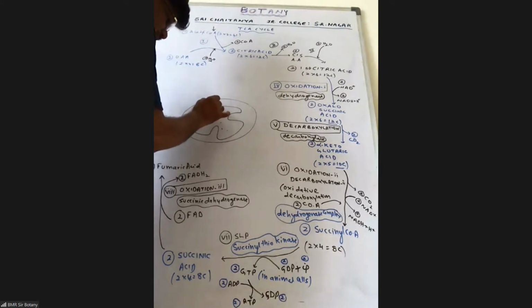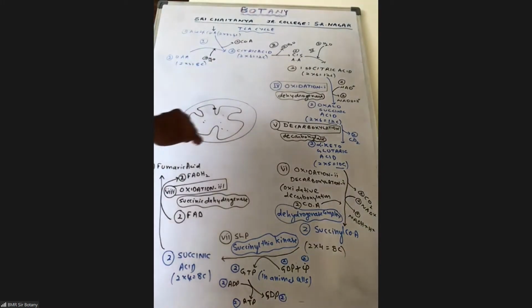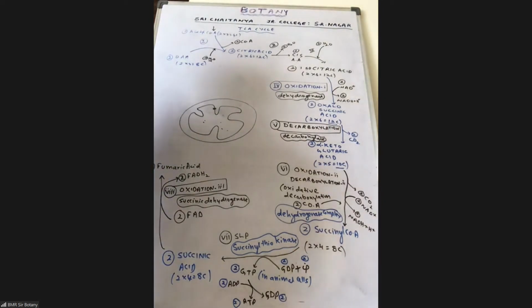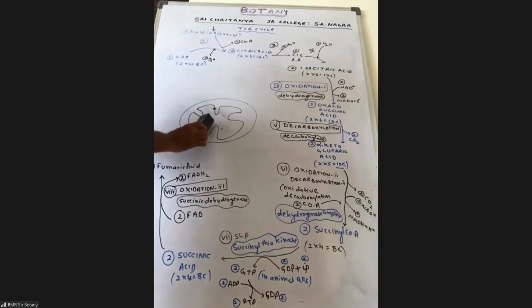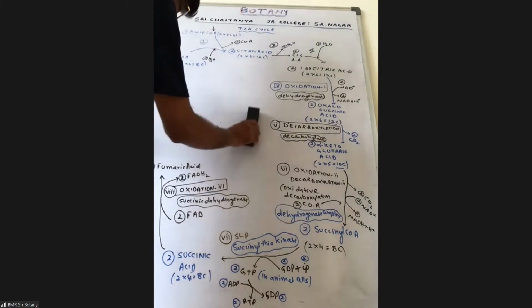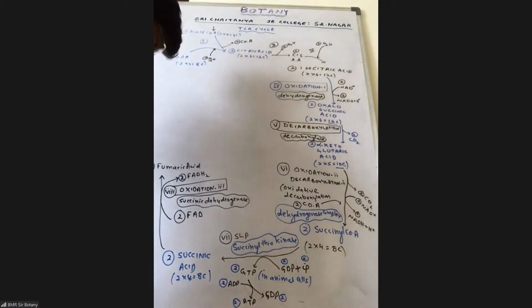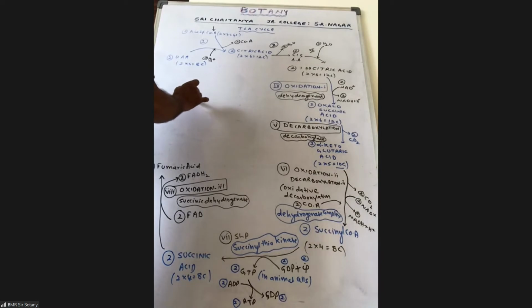That is its specialty. So succinic dehydrogenase is the only enzyme of TCA cycle which is not freely present in the matrix, but fixed in the inner membrane, but carries out the reaction. So write that point separately now. Succinic dehydrogenase.